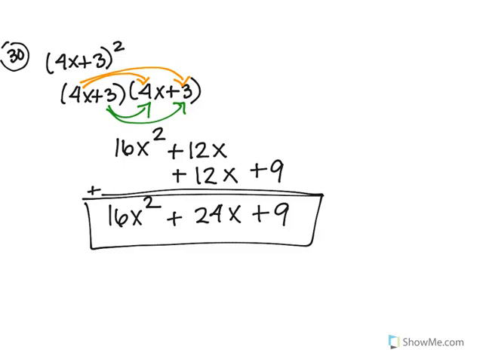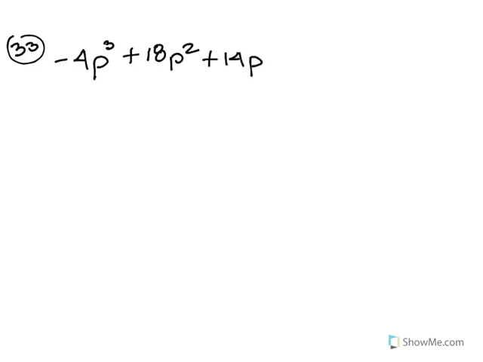Then we get down to our factoring, reminding you of grouping, reminding you of GCF, and then the trinomials. So if you were to do factoring with GCF, let's look at something like 33. Negative 4p to the third plus 18p squared plus 14p.